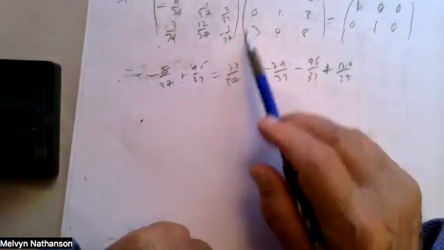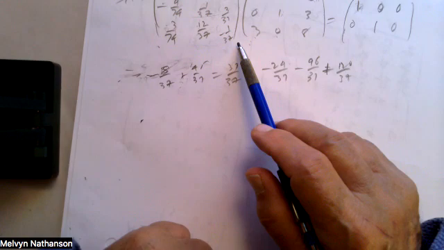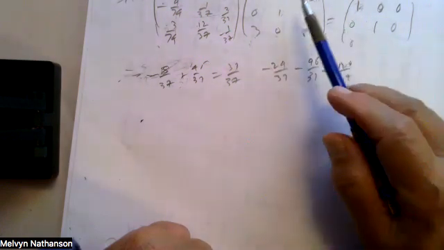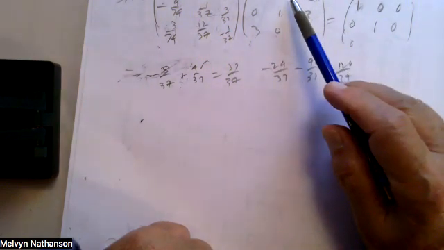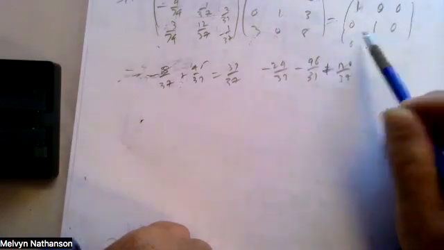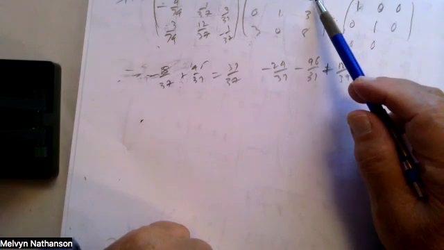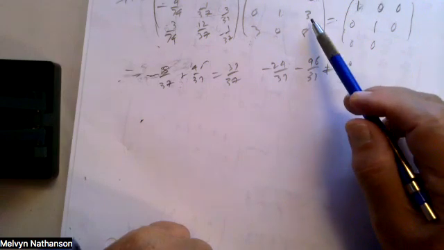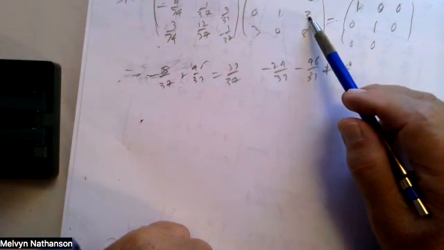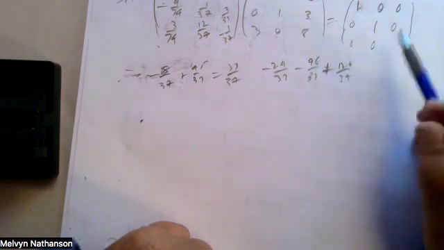And the third row, first column, 0, 0, plus 36, 45, minus 1.